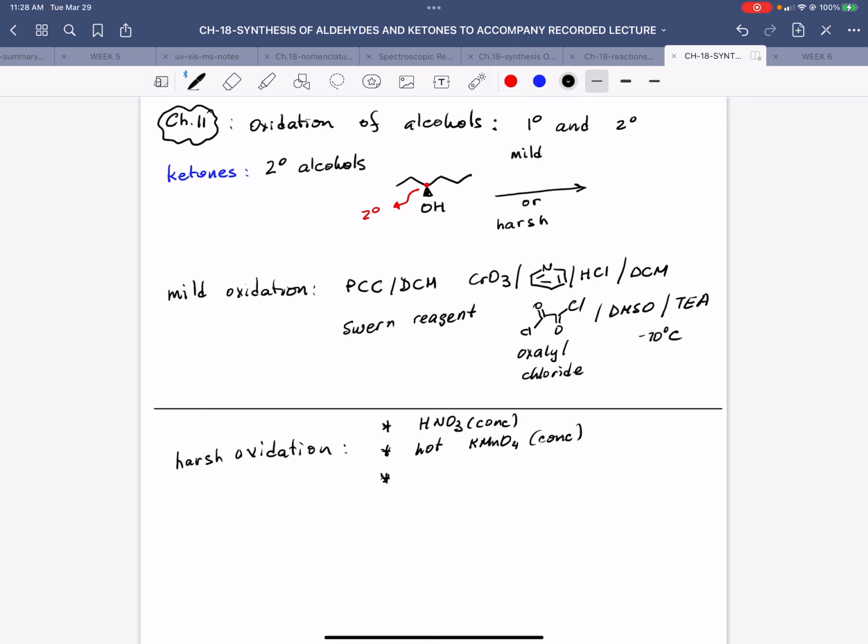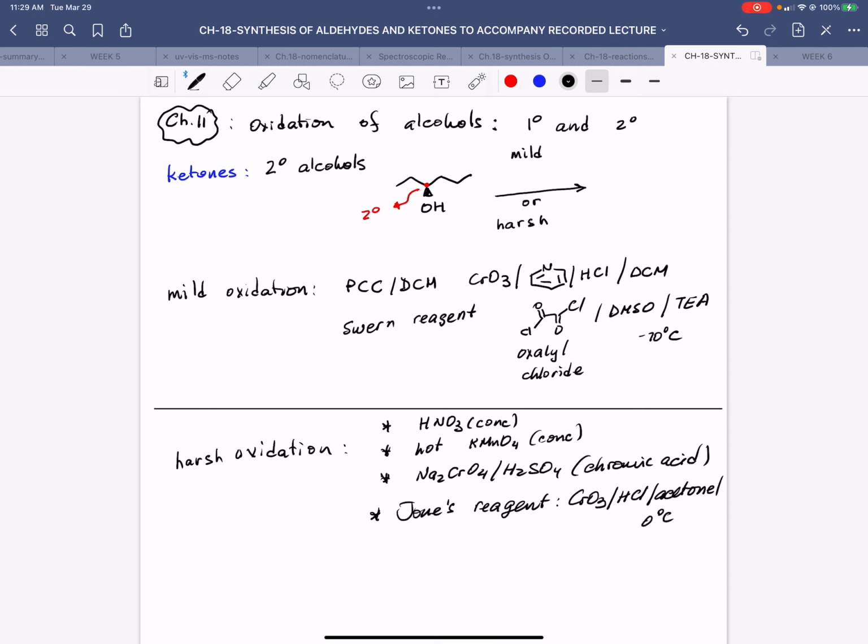We could use chromic acid, we could use Jones reagent, HCl, acetone, 0 degrees Celsius.